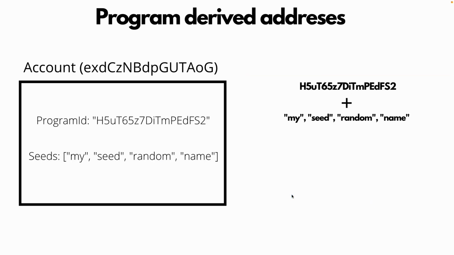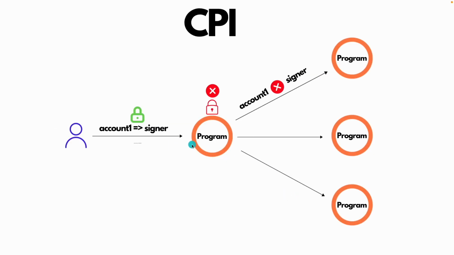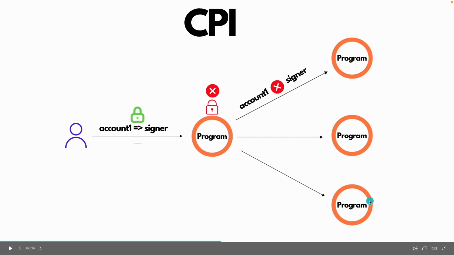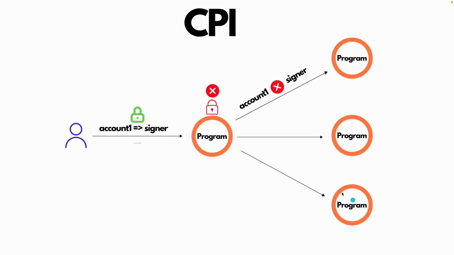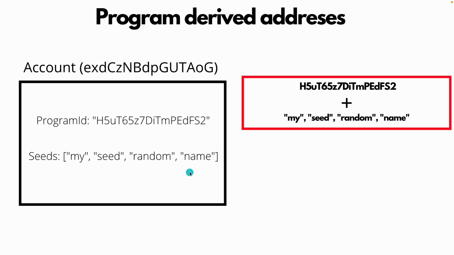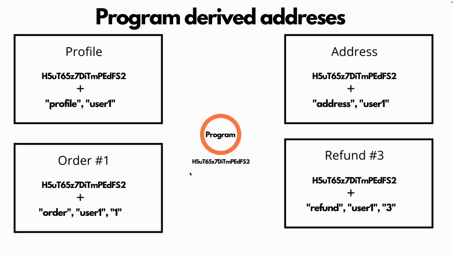So whenever your user calls your parent contract here, they'll basically tell you, hey, I want to update my address, or, I want to initiate a new refund. And then this program needs to figure out which program needs to be called. If it's a refund, it'll most probably call the refund program. And then it also needs to figure out what the PDA is for this specific refund. That's where the seeds come into the picture. You'd generally devise seeds in this fashion.